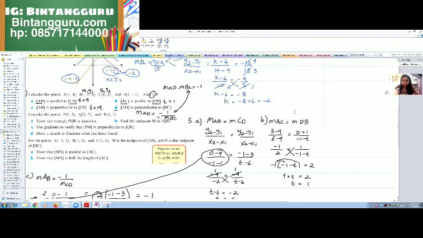So mAC, so this is 3 minus 4, correct? And 6 minus 4, correct?